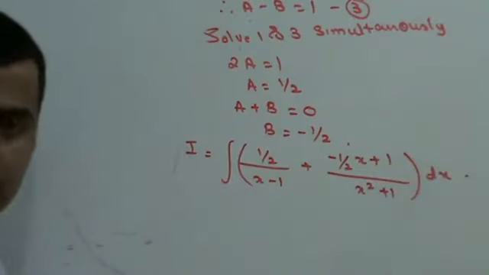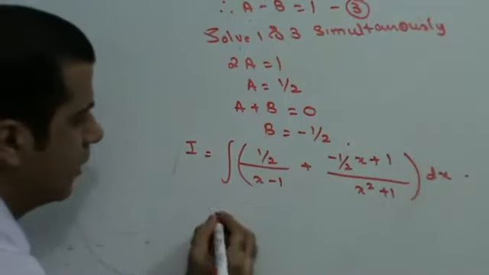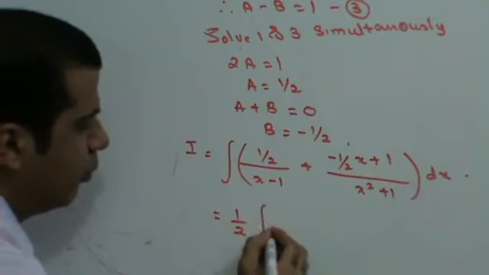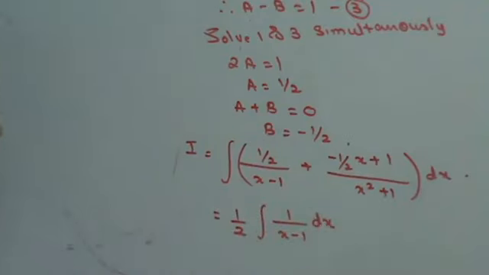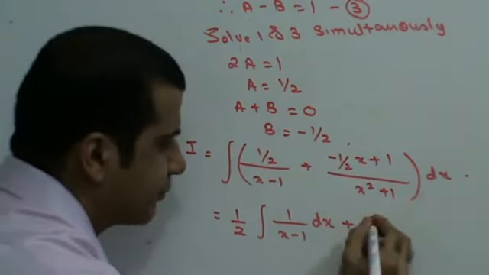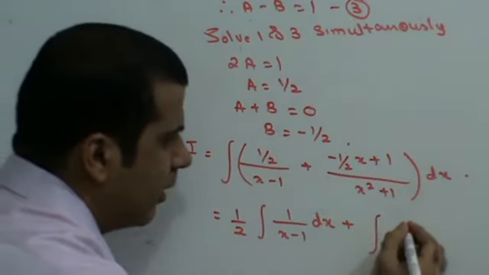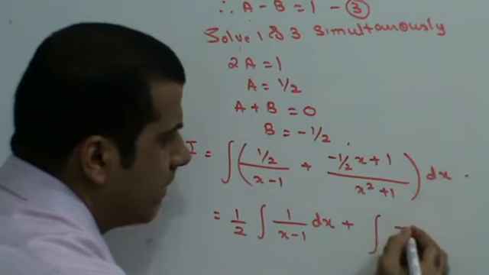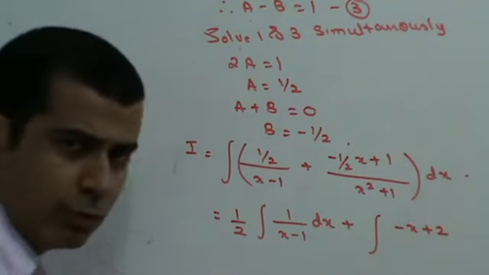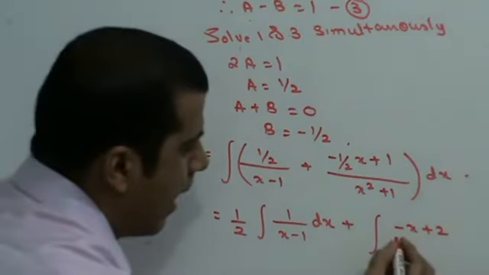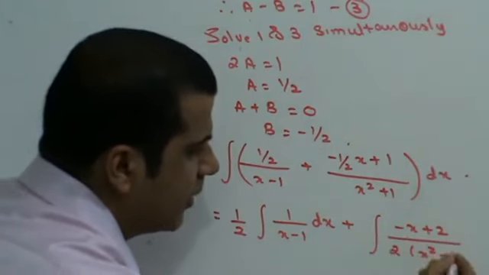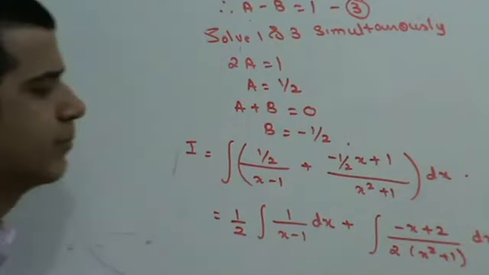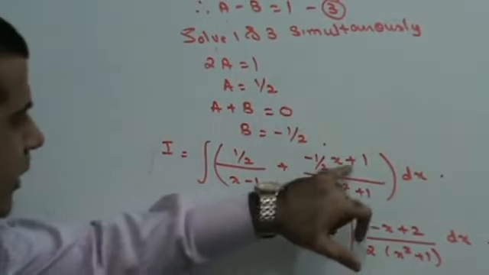Fine. This can be written as 1 upon 2 integral of 1 upon x minus 1 with respect to x plus integral of, this is going to be minus x plus 2 upon twice (x square plus 1) dx. Guys, what did I do? I took LCM.